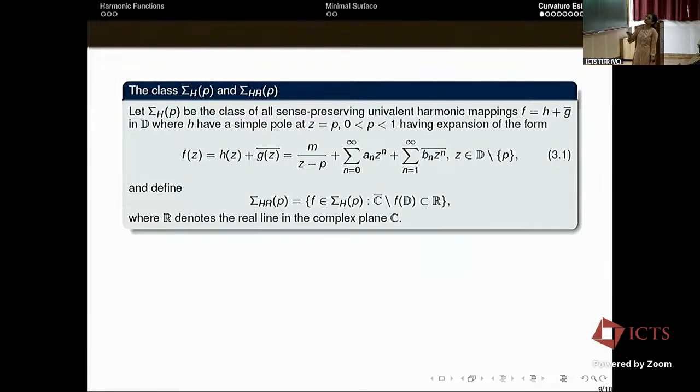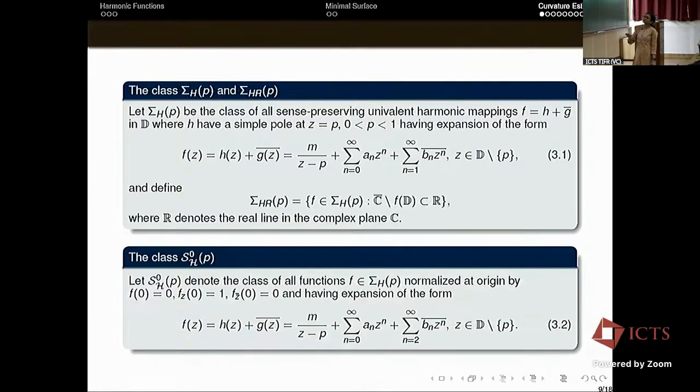So let sigma_H^p be the class of all sense-preserving univalent harmonic mappings in the unit disk D, where h has a simple pole at some point z equal to p, and it has a series expansion of the form 3.1. Also, let sigma_H^R(p) be the class of all such functions in the class sigma_H^p for which the complement of f(D) is a real line segment.